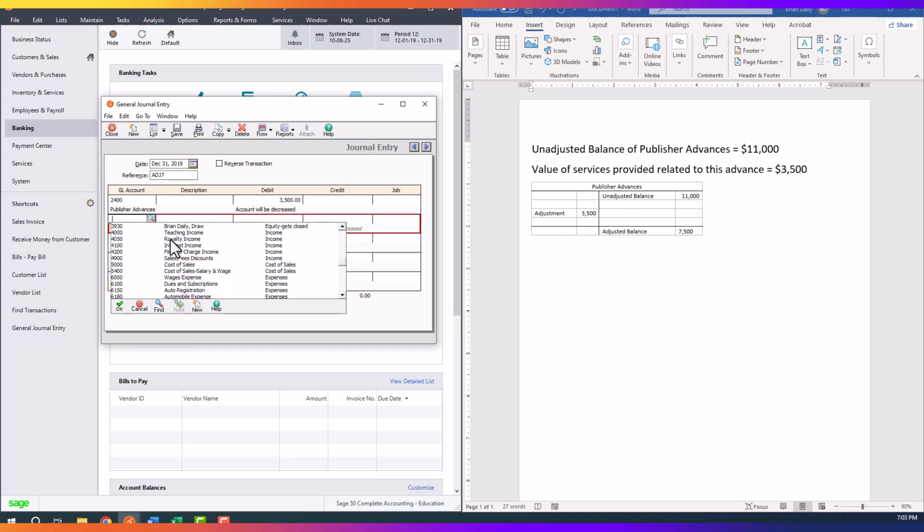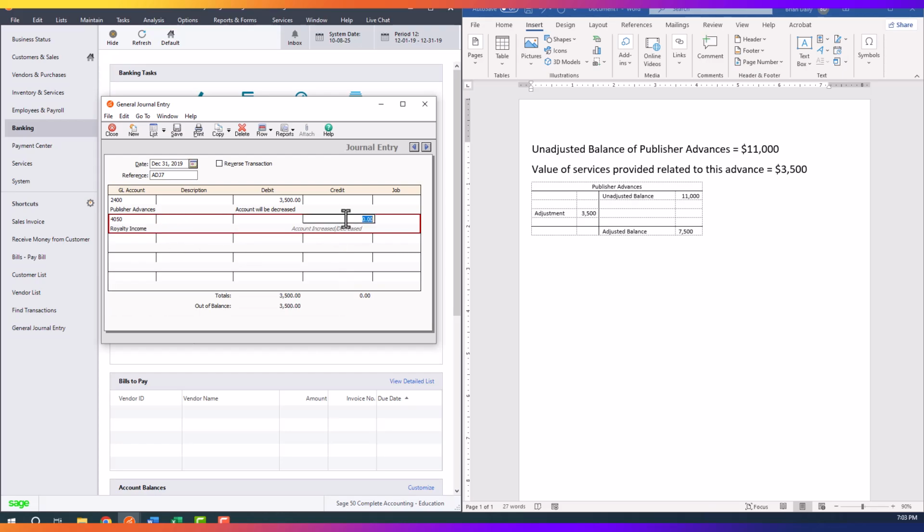I think it relates to royalty that we're going to be receiving on those intellectual properties that we created. So I'm going to select that royalty income, and then income accounts or revenue accounts increase on their credit side. We're adding to revenue because we've earned more, and the amount was $3,500. So I type that in, and sure enough, I can see that credit to an income account does cause an increase. My journal entry is in balance, and now I can save it.